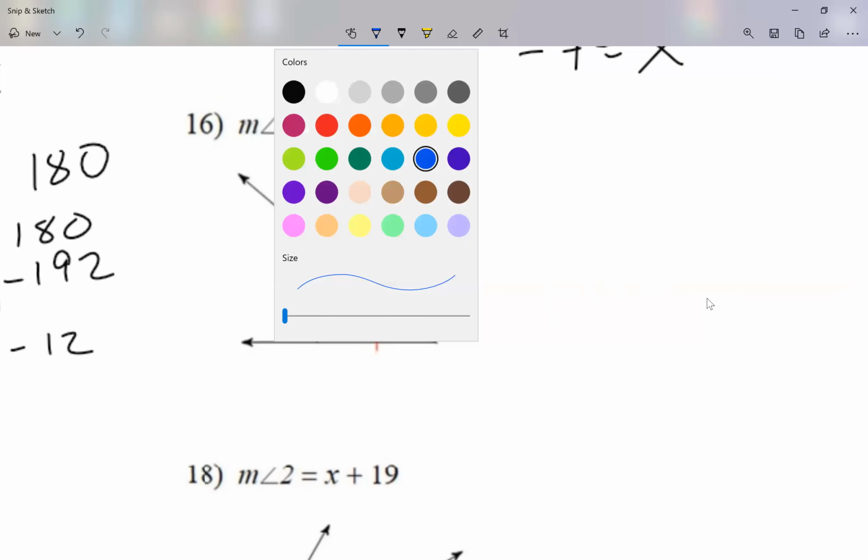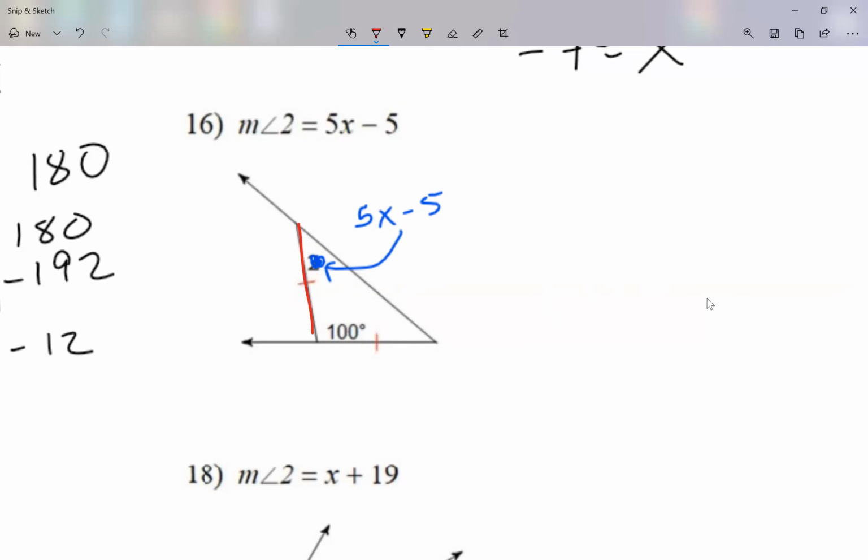What I'm going to do, I see this side. Let me mark the angle that is opposite from that side. So let me mark this angle. Do you see this side? Let me mark the angle that is opposite from that. So I'm gonna mark this angle.